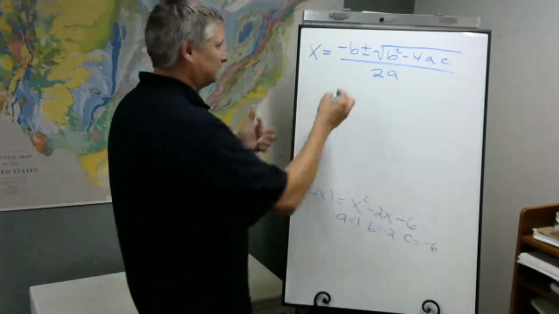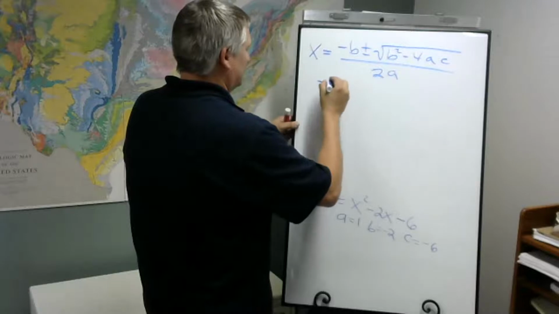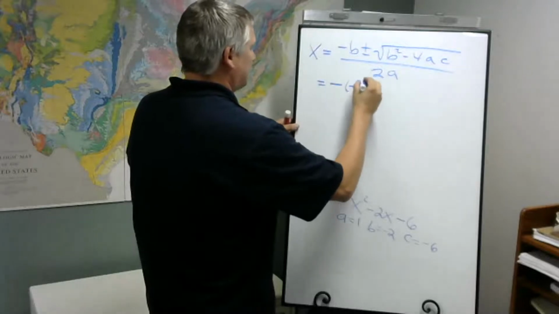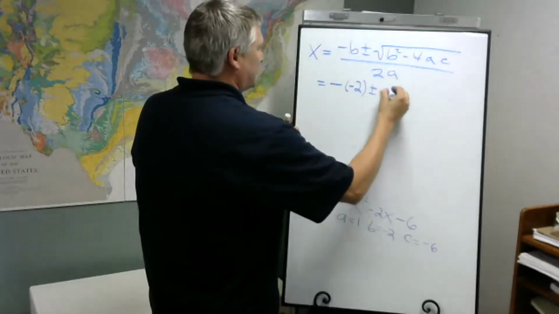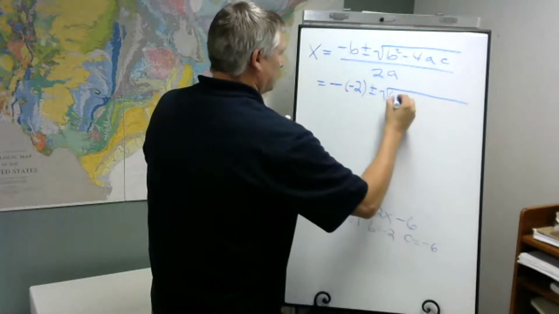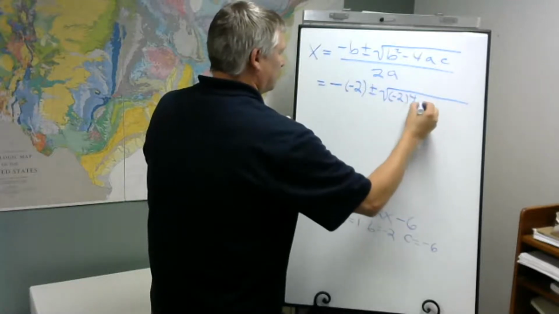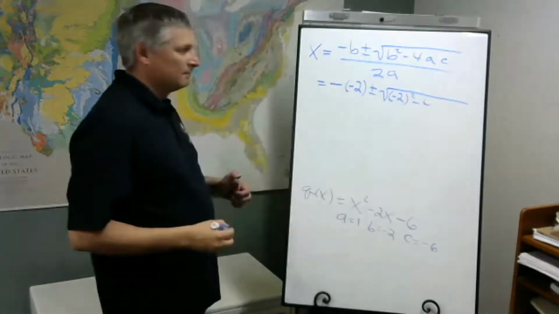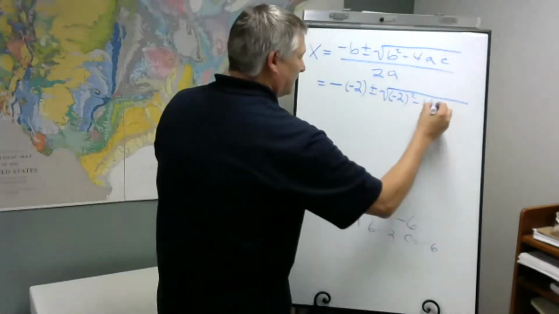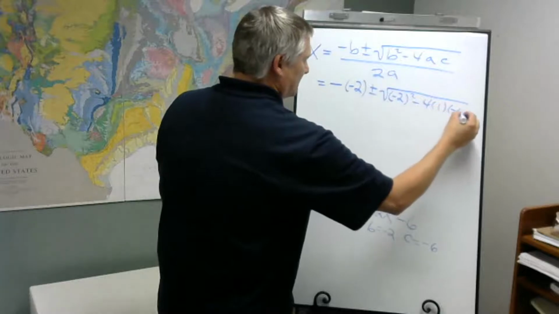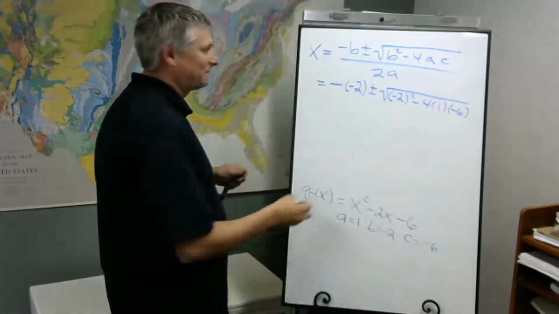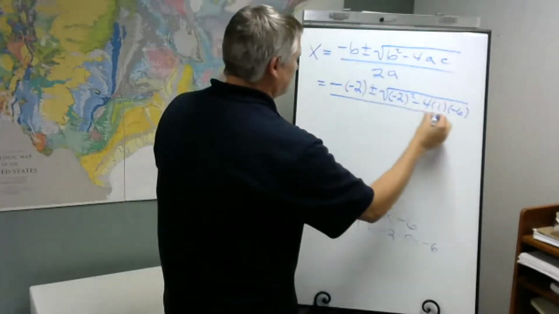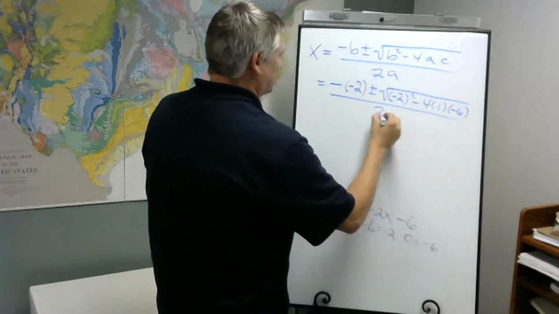So negative 2 plus or minus the square root of negative 2 squared, getting ahead of myself, minus 4 times 1 times negative 6, over 2 times 1.